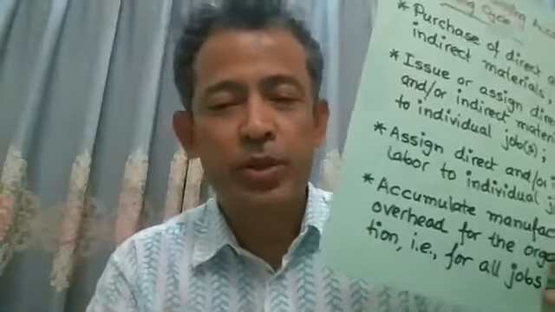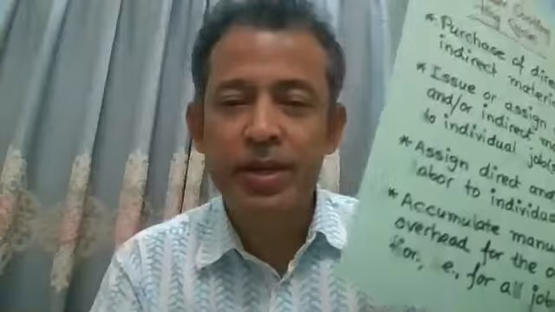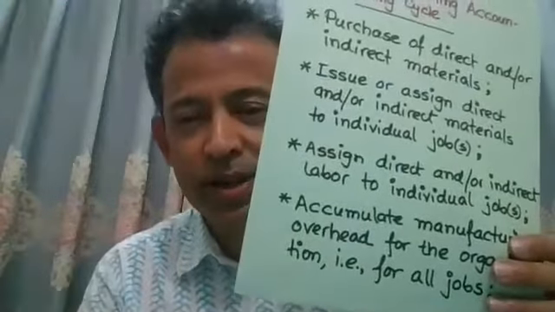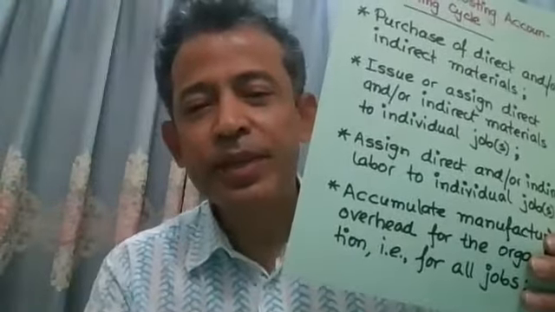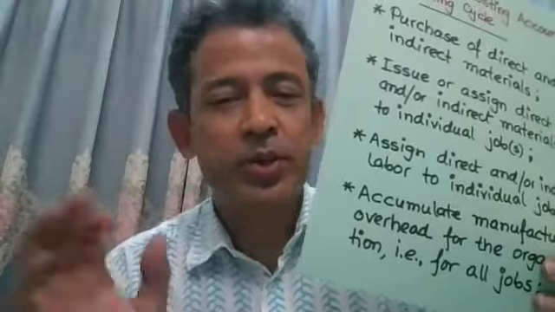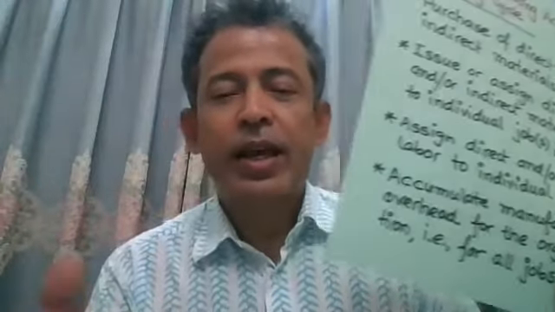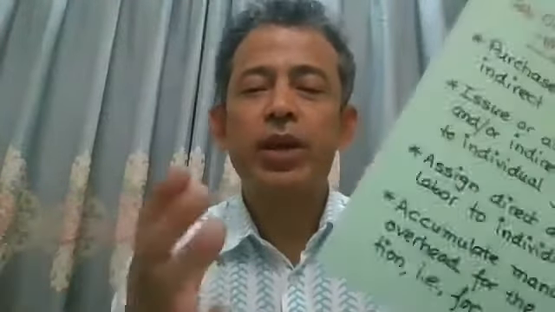Then we issue direct material and or indirect material, then assign direct labor costs to particular jobs, then accumulate all the overhead items, all the indirect costs: indirect labor, indirect material, indirect expenses. So all indirect costs accumulation, that's the next step in the accounting cycle.